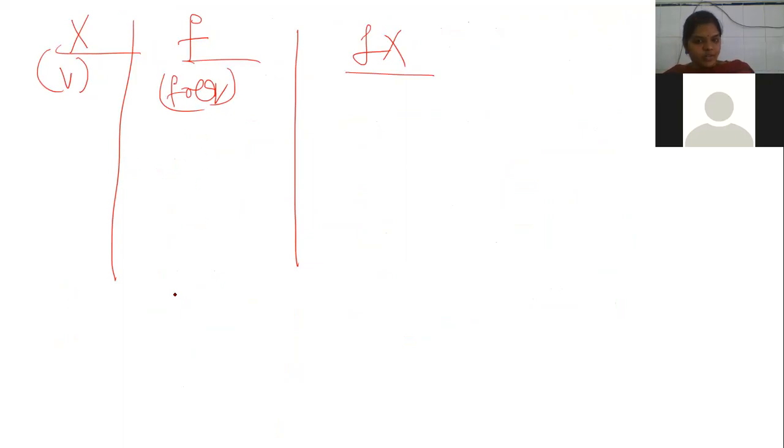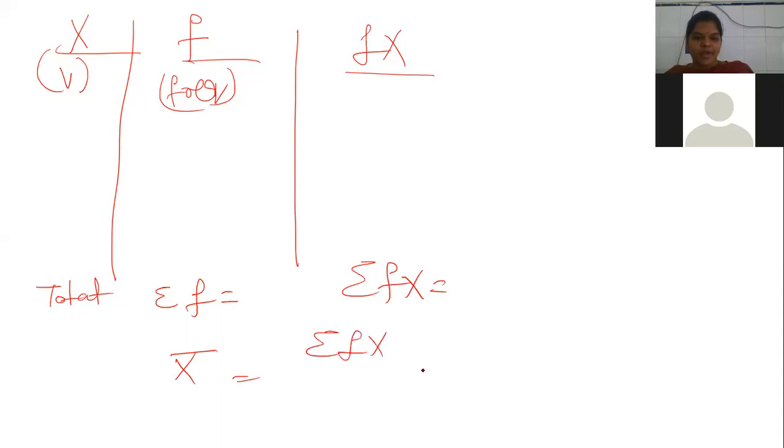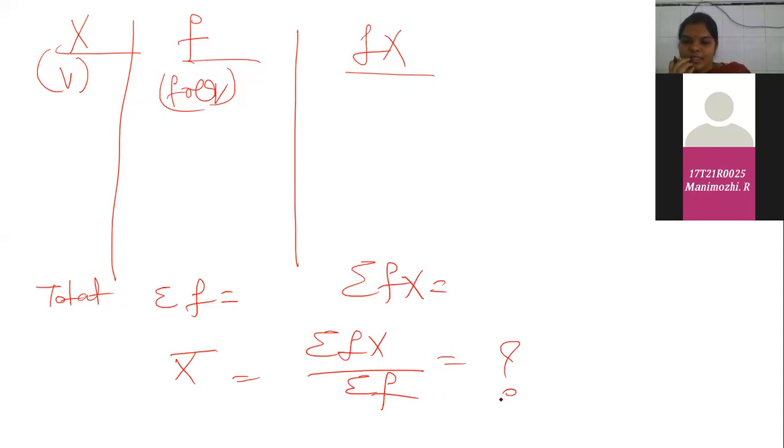Under F, write down the values and multiply F and X. At last, you get sigma f here and sigma fx here. Just use the formula sigma fx divided by sigma f. Are you doing? Yes, ma'am. Do it.